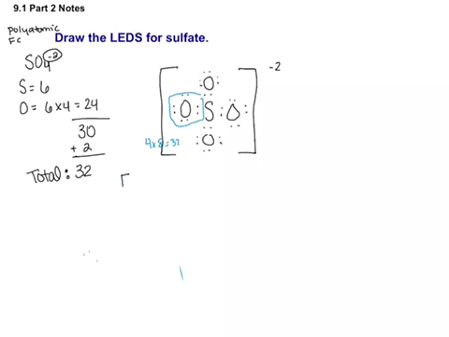And so now we should check our formal charge. So remember, formal charge says your number of valence electrons minus the unbonded minus the bonded electrons divided by 2. So in that oxygen that I've got boxed in blue, oxygen has 6 valence electrons. There are 2, 4, 6 unbonded electrons.